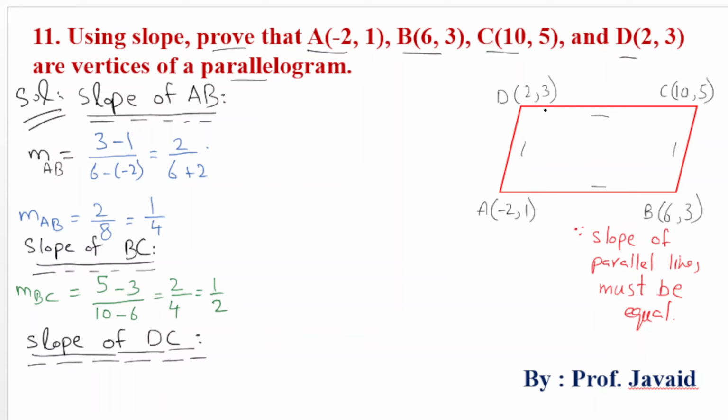So let me write the slope of DC, y2 minus y1. 5 minus 3 over 10 minus 2.